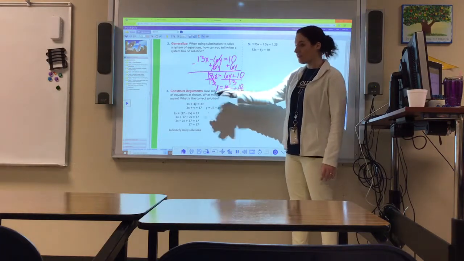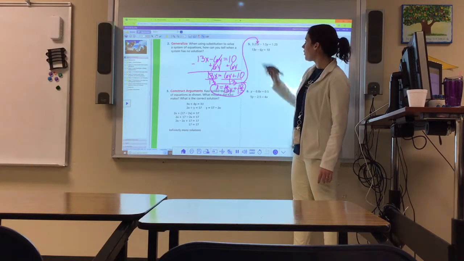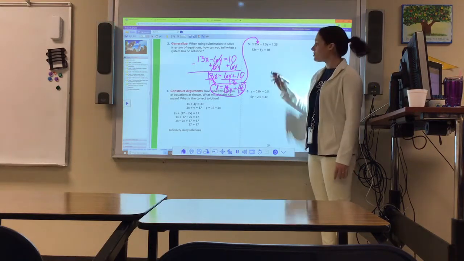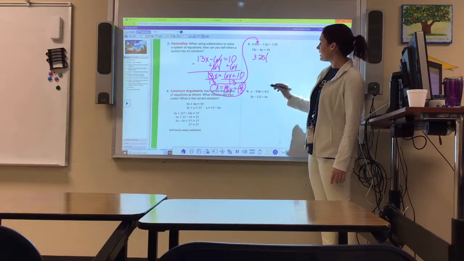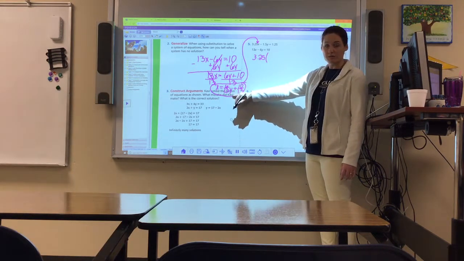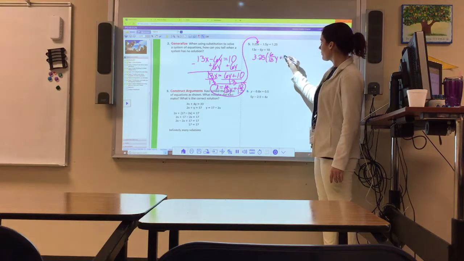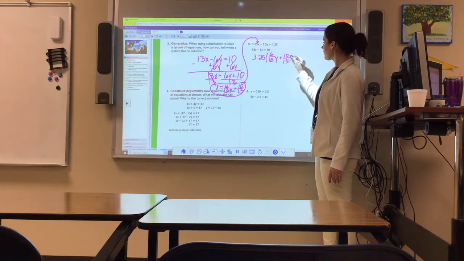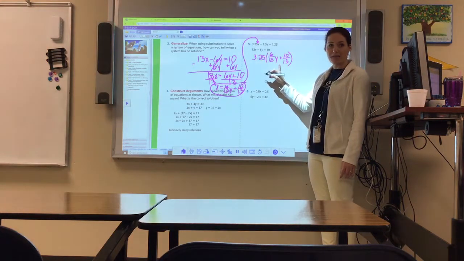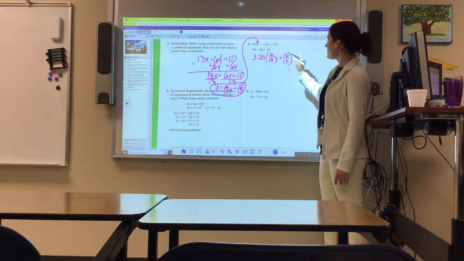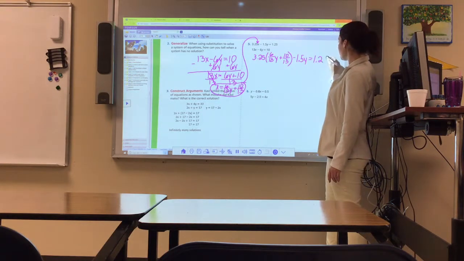Since I solved for x, I'm going to take this and substitute it in for x in the other equation. So that becomes 3.25 times this: 3.25 times what I got for x, minus 1.5y equals 1.25.